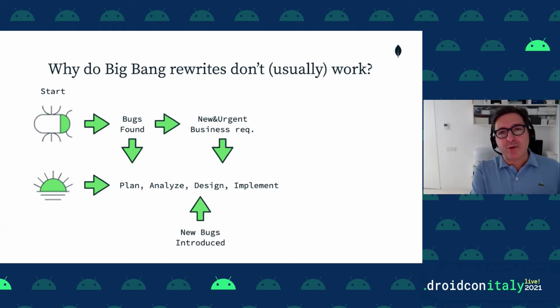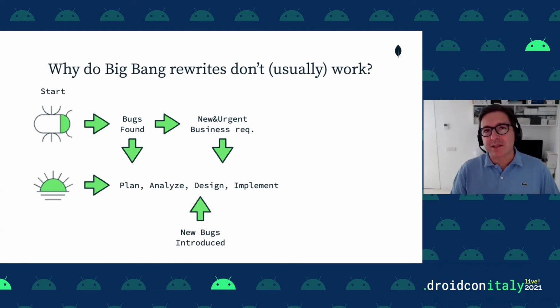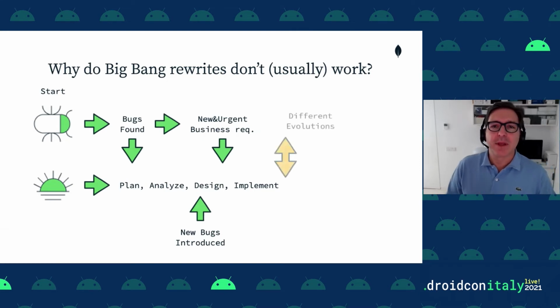And the code that you're writing is going to contain bugs, not the ones that were in the other code base, but the ones that you introduce because we make mistakes. We're humans. And these bugs will have to be solved and debugged later.